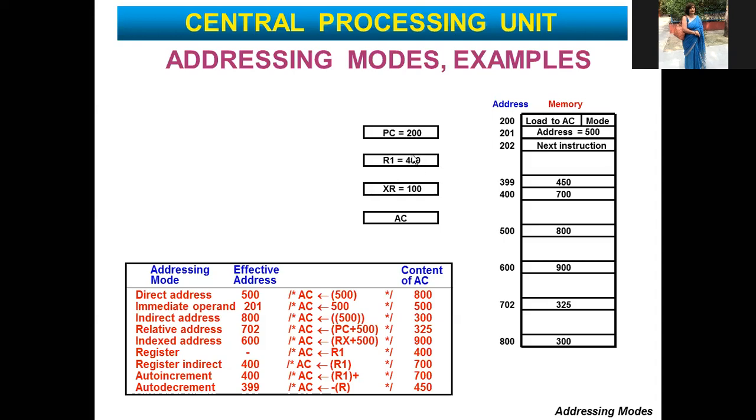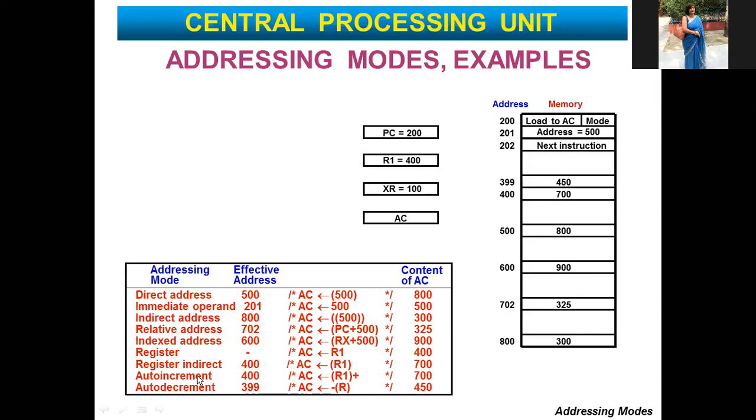So we need to locate this 400 under the address part of the memory, and at this 400 location we can view that 700 is stored. So this 700 will become the final value of the operand that will be loaded in the accumulator register, and this 400 will become the effective address. So in case your addressing mode is register indirect, the effective address will be 400, wherever the content of AC will be 700.